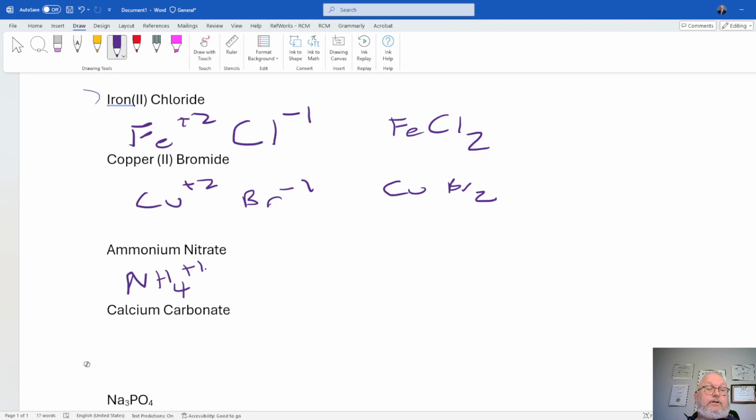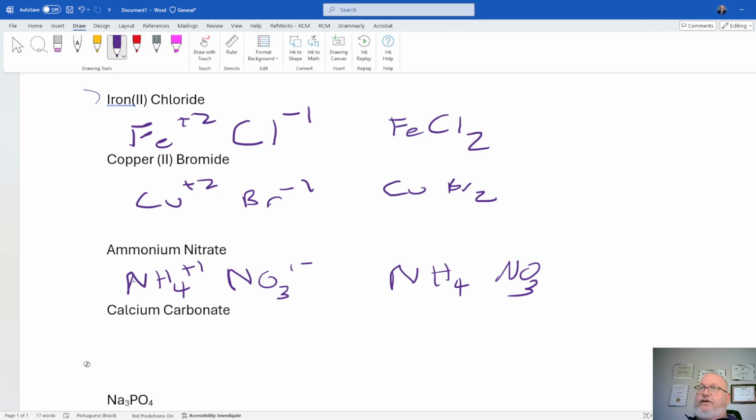Nitrate is NO3 1 minus. All right, so I see that these charges cancel out. So I would write the compound like so. NH4NO3. Done.